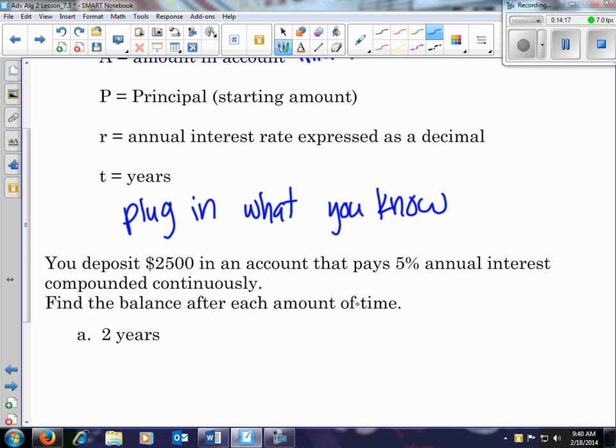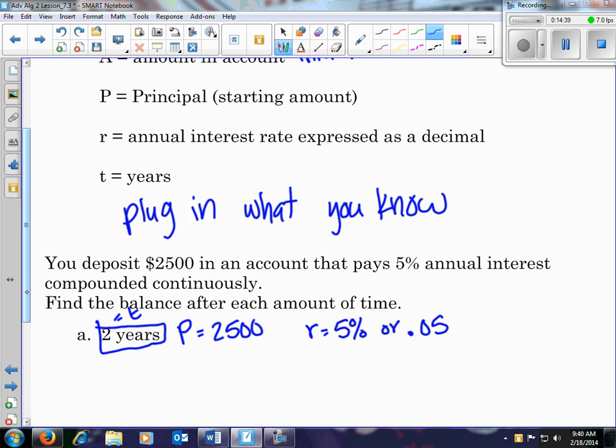Find the balance after each amount of time. So our first one, we have our P, which is our initial, which is $2,500. And then we have our rate, which is 5%, or we could write it as 0.05. Now, our time is 2 years, so this is equal to our t.